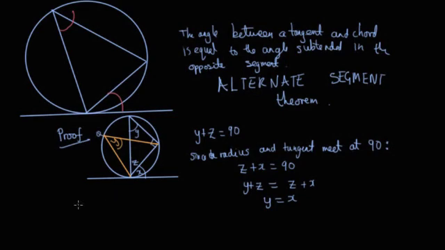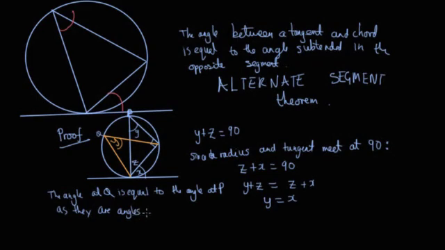So the angle at Q is equal to, we'll call this point here P, the angle at P, as they are angles in the same segment.